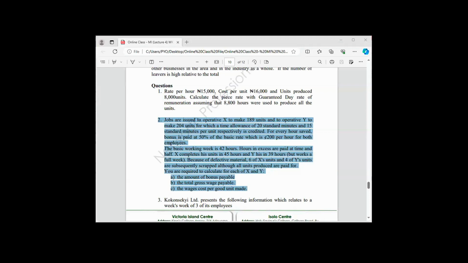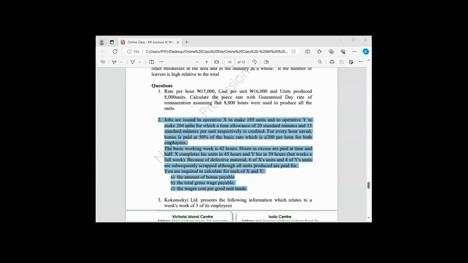Now, let's look at it. Solution. This might be the last question we are going to do today, because a lot of questions are going to be coming up.